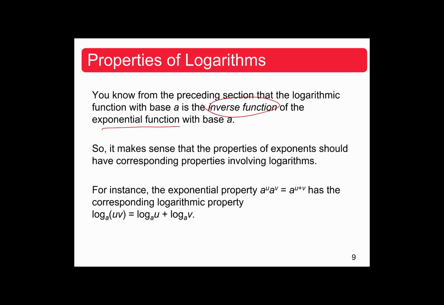For example, a to the u power times a to the v power becomes a to the u plus v power. So for log_a of uv, you have a product of two expressions, and you can split it up into two logarithms, log_a u plus log_a v.